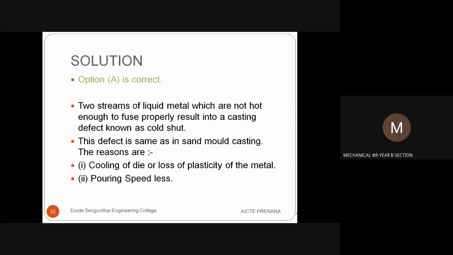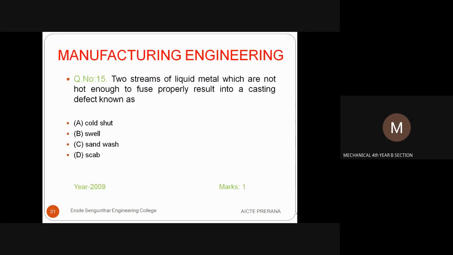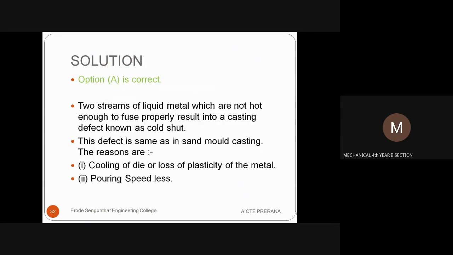So the answer should be option A. Option A is cold shut. Two streams of liquid metal not hot enough to fuse properly result in a casting defect known as cold shut. This defect is the same as in the sand molding process. We mostly face this problem in the sand molding process.